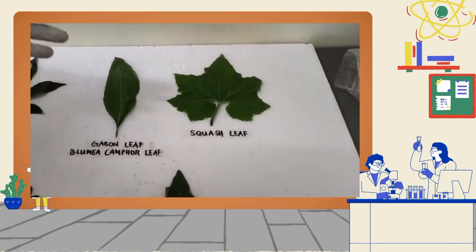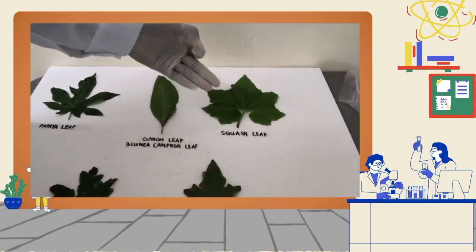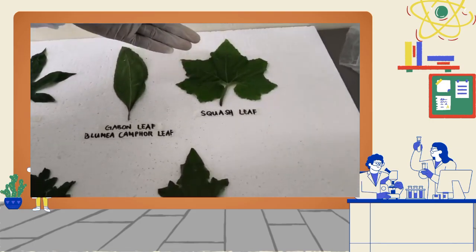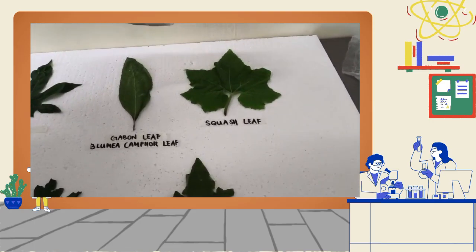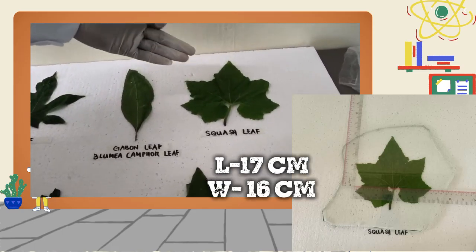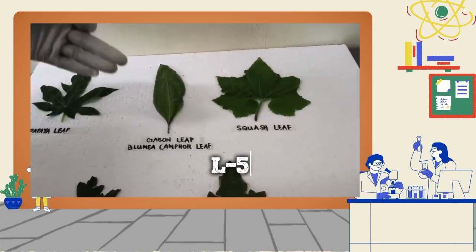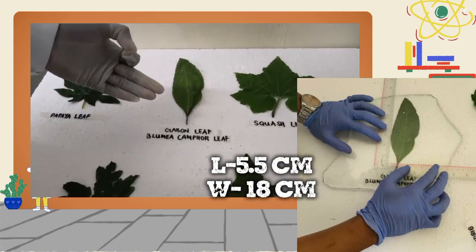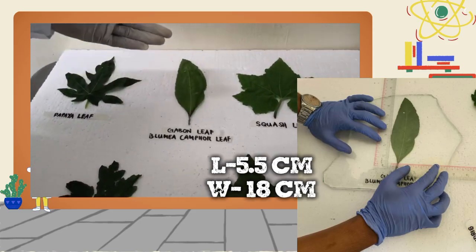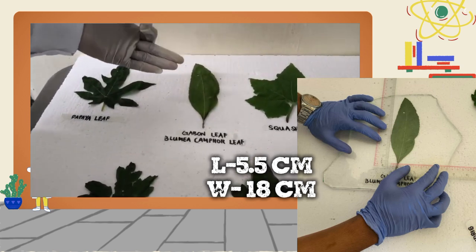The sizing of the specimens is as follows. First, we have the squash leaf. Squash leaf has a length of 17 cm and a width of 16 cm. The next one is the Plumeria camphor leaf, or Gabon leaf, which has a length of 5.5 cm and a width of 18 cm.